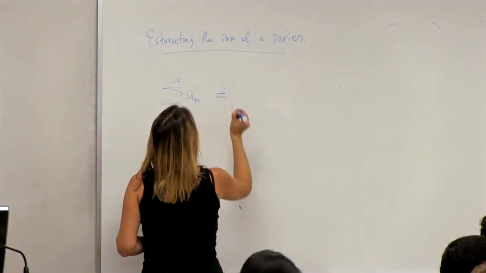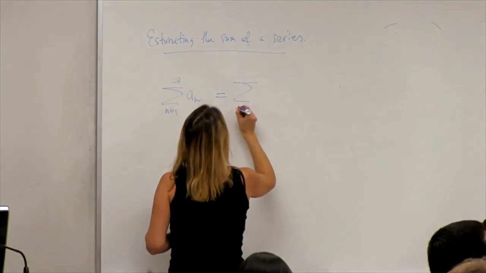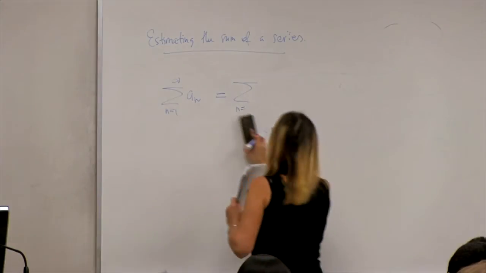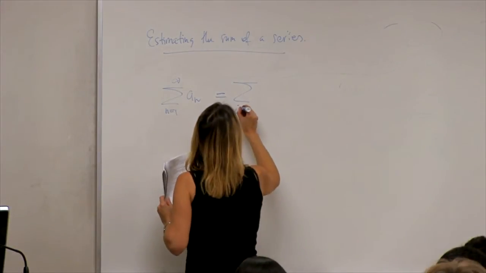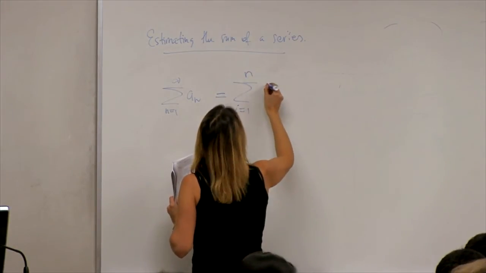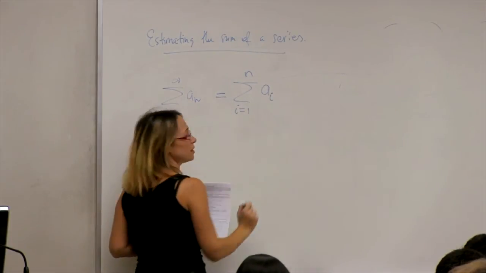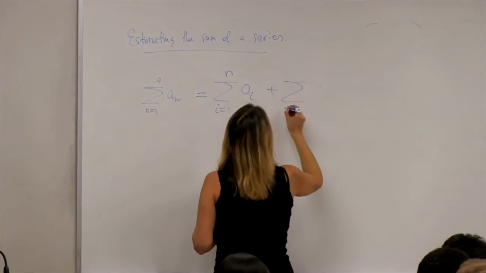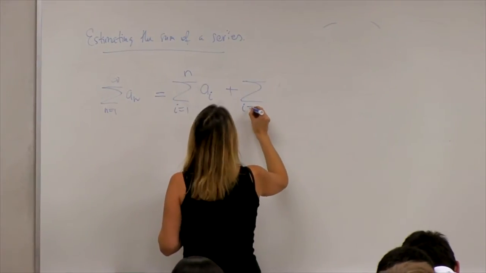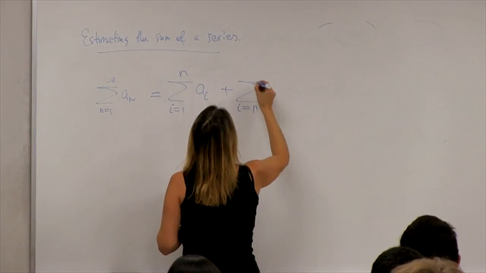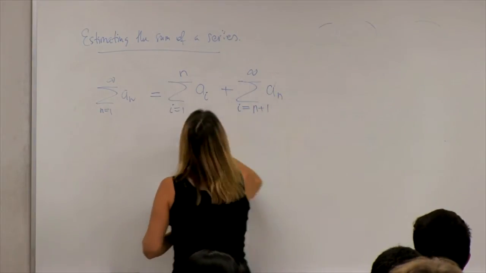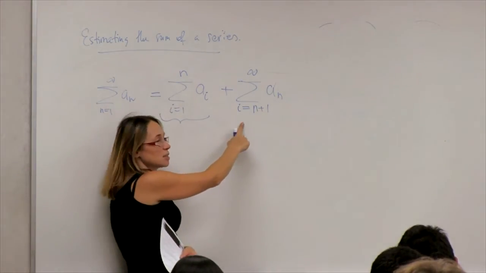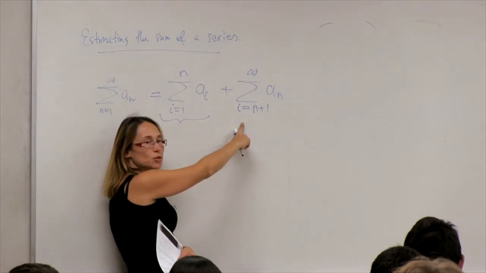So we're going to use the index i here. Let me sum up only partially this series. And then I'm going to look at the rest. Okay. So this is what I can calculate with my computer. And this is the infinite number of terms that are left.